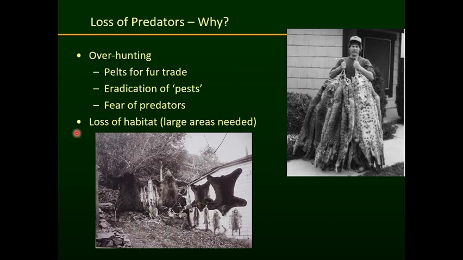Well, if you're a predator, you're going to have to rely on a large amount of territory to support a large amount of deer for you and your offspring. So when we carved up the landscape for agriculture and the landscape became deforested, we lost a lot of habitat and predators suffered. So these are the big reasons why we lost the predators in the Southeast and in other parts of the world too.